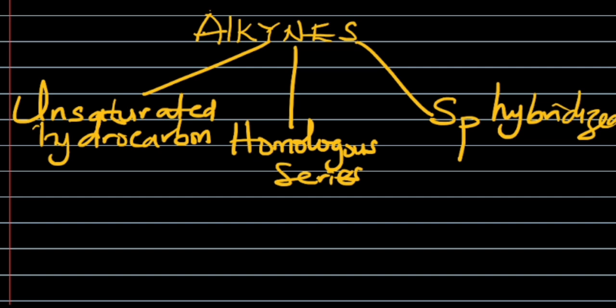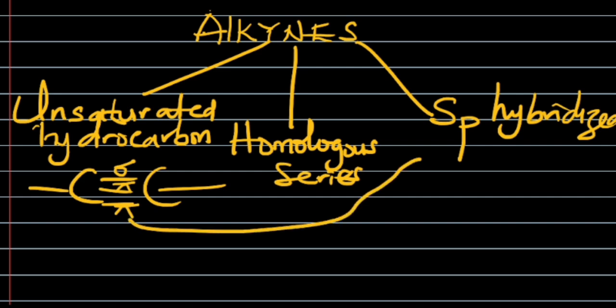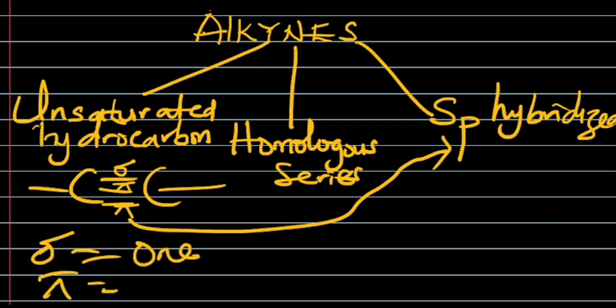And what do you mean by unsaturated hydrocarbon? We can easily have this. This triple bond consists of a sigma bond, a pi bond, and also another pi bond. So for every alkyne, for you to have this sigma bond and pi bonds, we have to relate it back to what we call sp hybridized, because we have 1 sigma bond and 2 pi bonds.